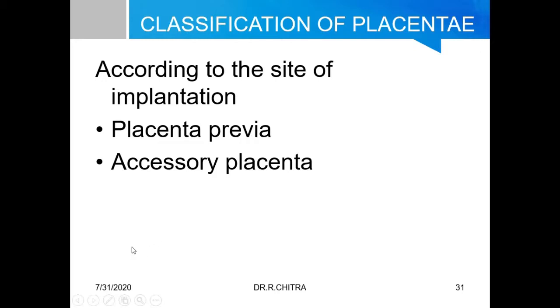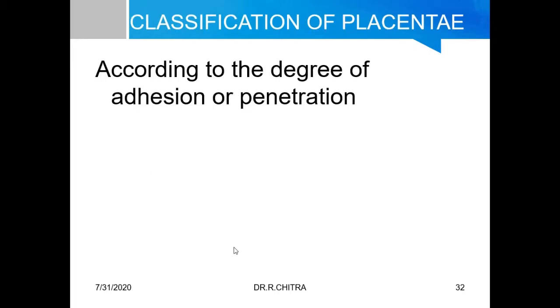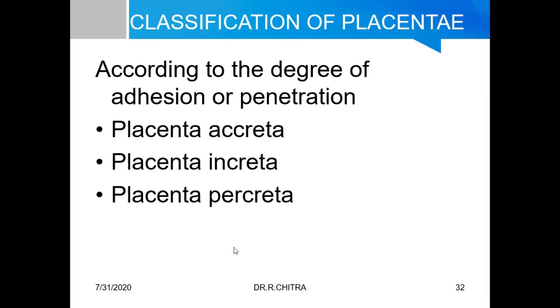Then accessory placenta, sometimes an accessory lobe of the placenta is connected to the main mass by the fetal membrane. According to the degree of adhesion or penetration into the layers of the uterus, it is called placenta accreta, increta, and placenta percreta.